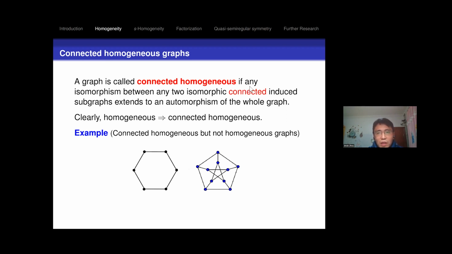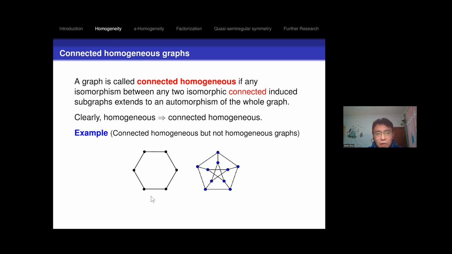In this case, we just require this for connected induced subgraphs. So by definition, homogeneous must imply connected homogeneous, but the converse is not true.